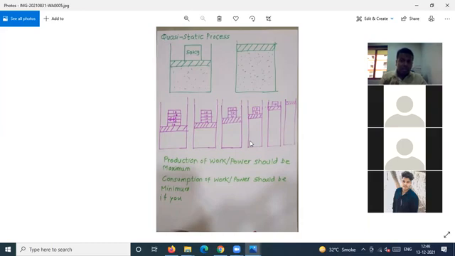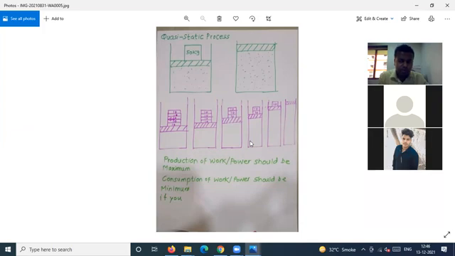But some part of it gets consumed in overcoming the friction between the piston and the cylinder. When you move very slowly, there will be less friction, and that power we can utilize. But that is not possible; you can't move the piston very slowly. That is the reason I'm calling these ideal processes.